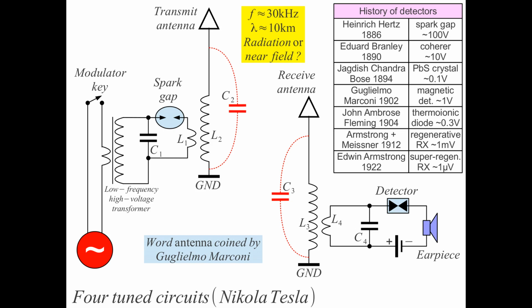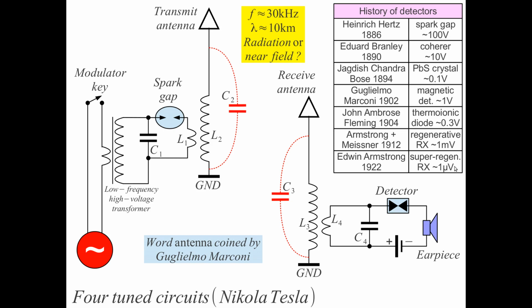And the regenerative receiver could reach much higher levels of sensitivity, from 2 orders up to 3 orders better sensitivity than could be done by direct detectors, because these detectors worked, up to the thermionic diode, without any amplification, while the regenerative receiver has amplification built in by the triode vacuum tube, invented by De Forest in 1907.